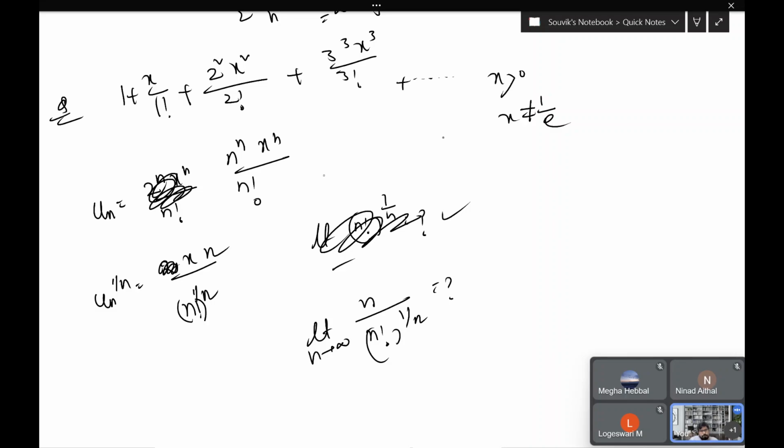Any idea how to get this limiting value, or should I give you the hint?